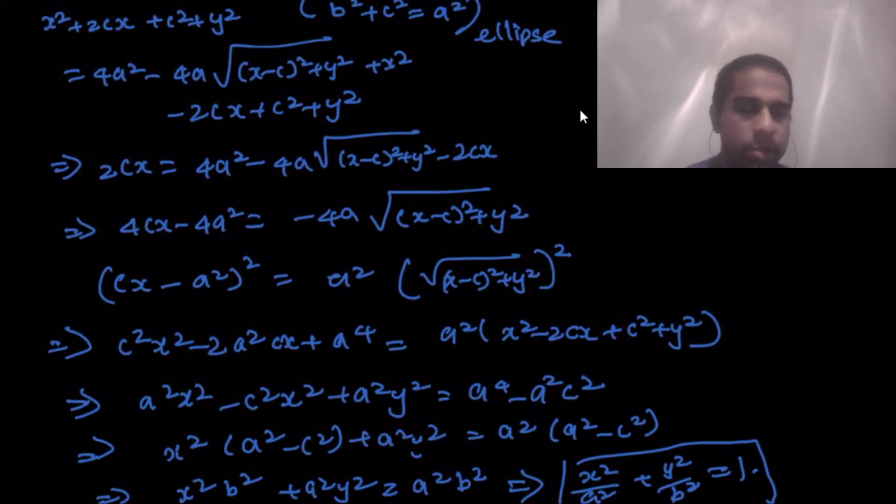The sum of them is always constant. The sum of them is 2a, we have found it as, and by using that definition, we have derived the standard equation for ellipse. Right?